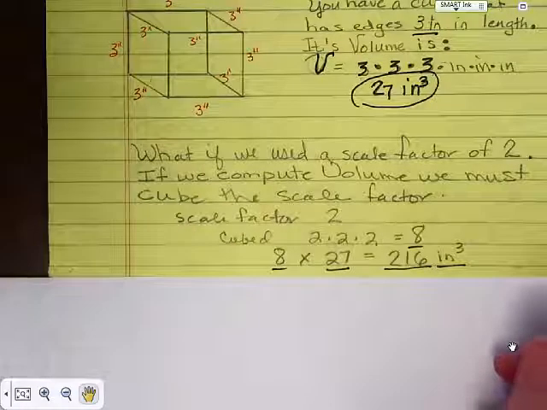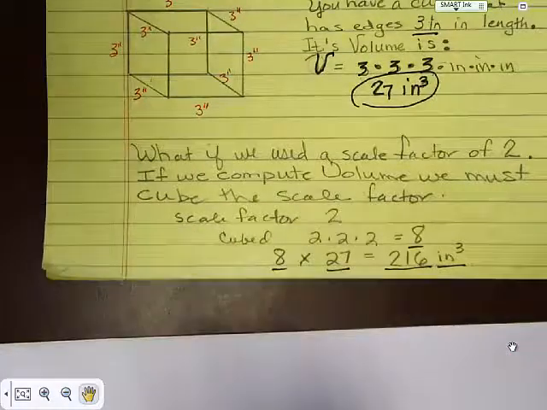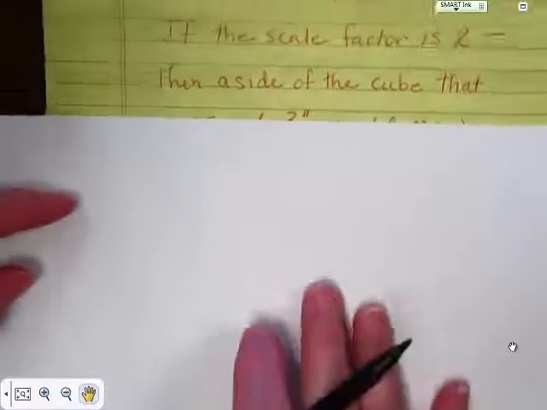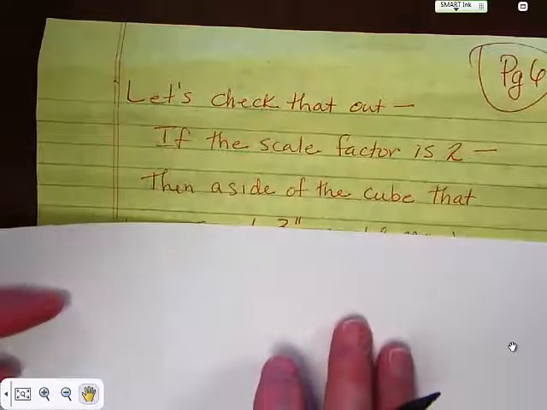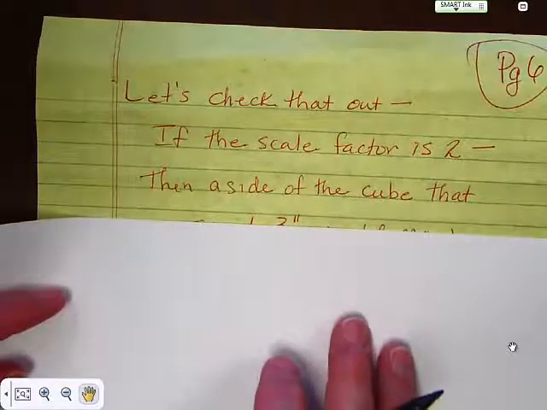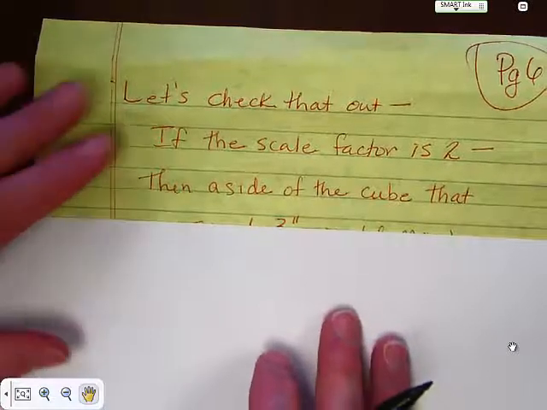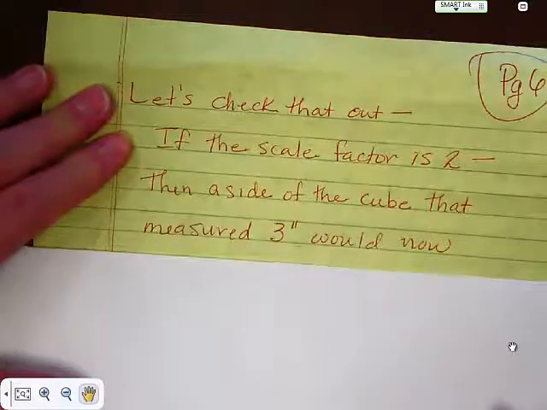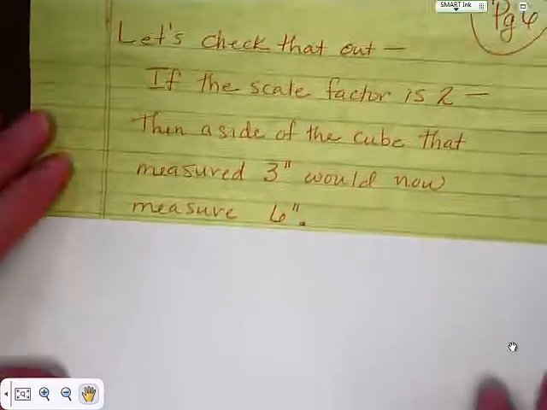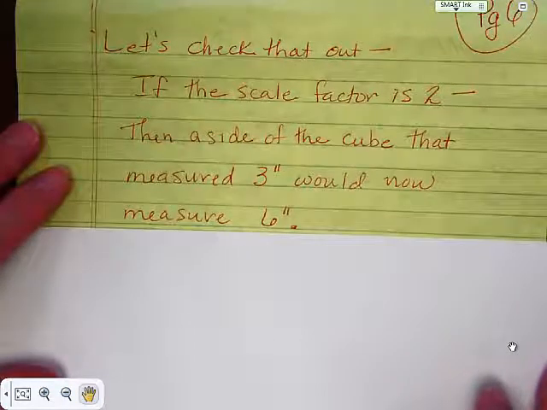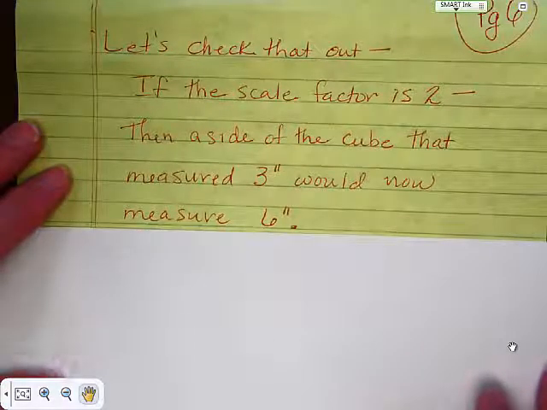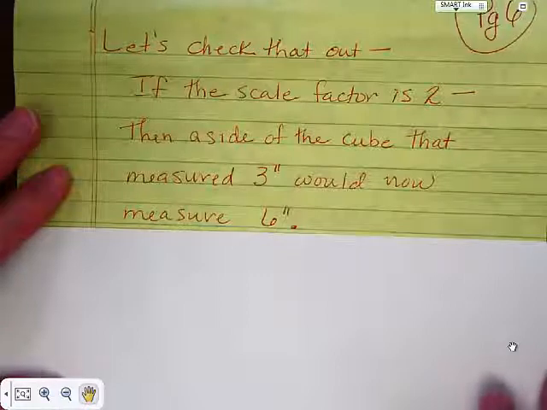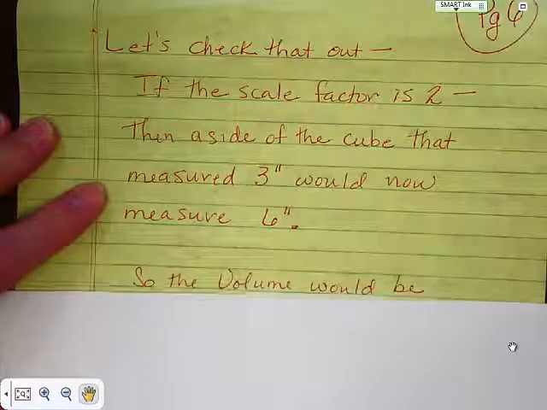Now, if you don't believe me, which you might not, I'm going to show you. Remember that the cube was 3 by 3 by 3. And the scale factor is 2, which would mean those sides would now be 6 by 6 by 6, right? 2 times 3 is 6. So now your cube is 6 by 6 by 6.